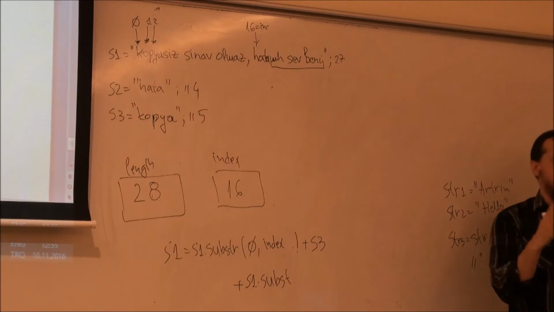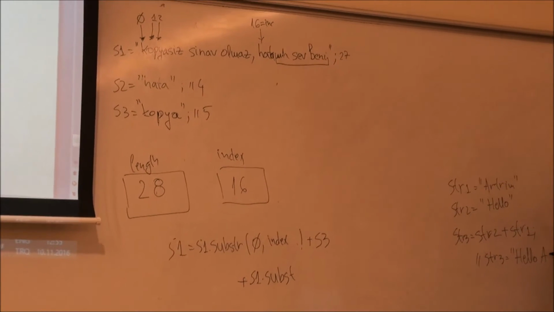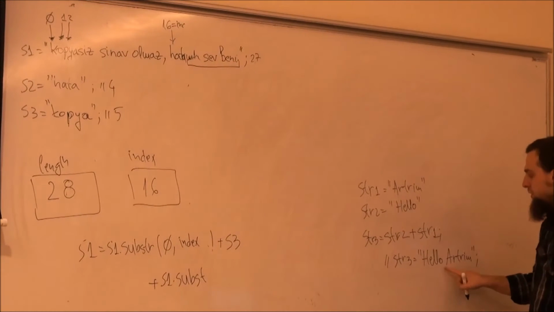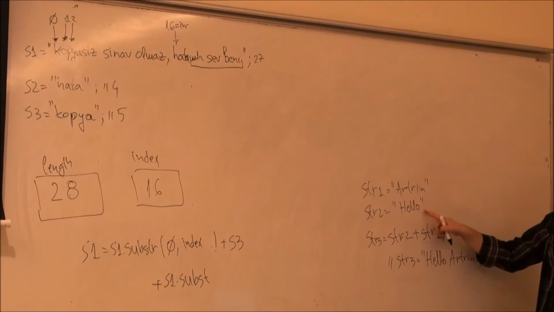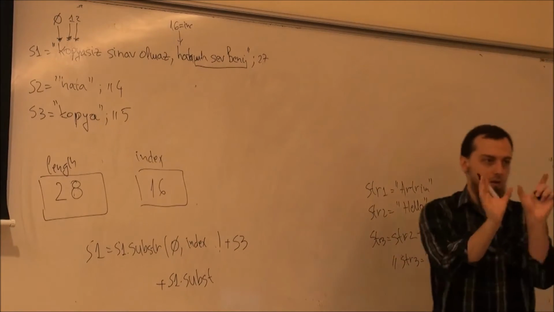This is called concatenation, merging two strings. So, string 3 is going to be hello rtrim, with no empty space here because you don't have an empty space after the hello. Basically, I'm going to merge them, exactly.